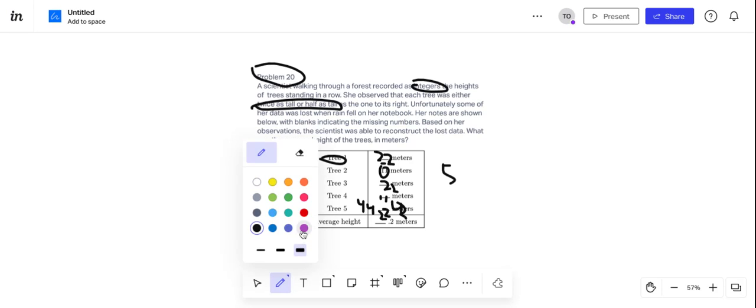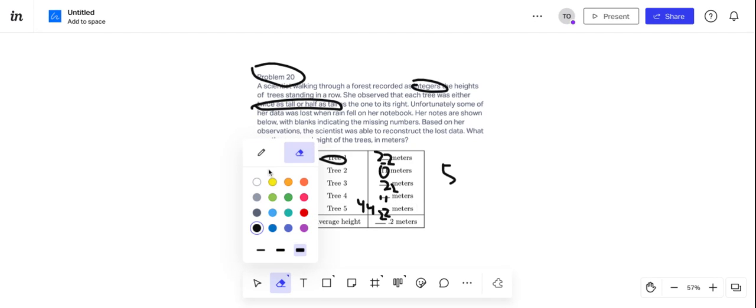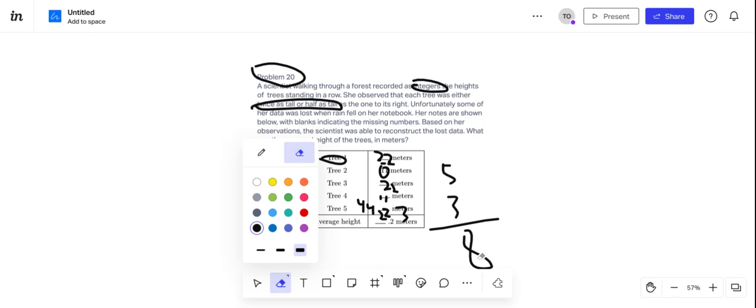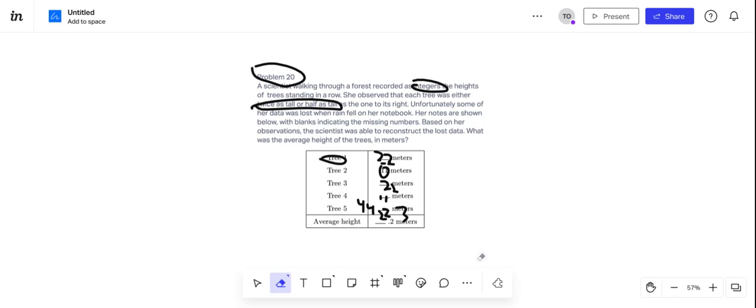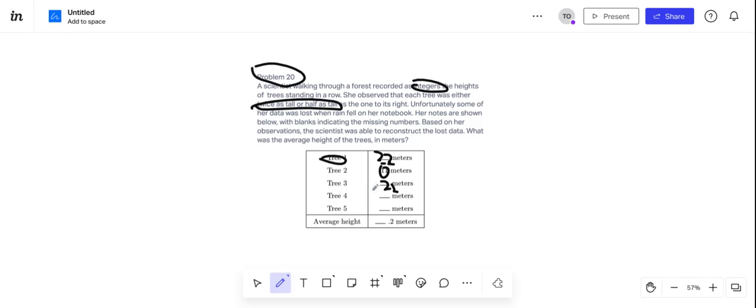You add 3 and 5 up, guess what you get? 8. Is 8 equal to 1 or 6? No, I don't think so. So it must be 44.